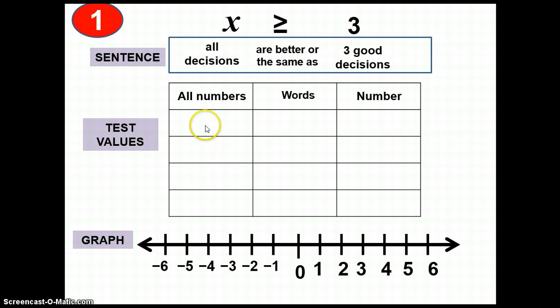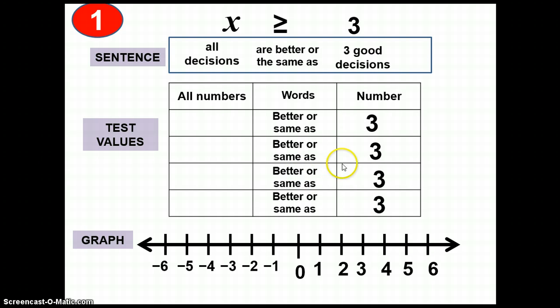So let's kind of just test some values. So let's start with 3. So we're going to be comparing it to 3. Is 3 better or the same as 3? It's the same, right? So we'll put a dot on 3. Okay. What are some other numbers that are better than 3 or more than 3? 4, right? 4 is definitely better than 3.